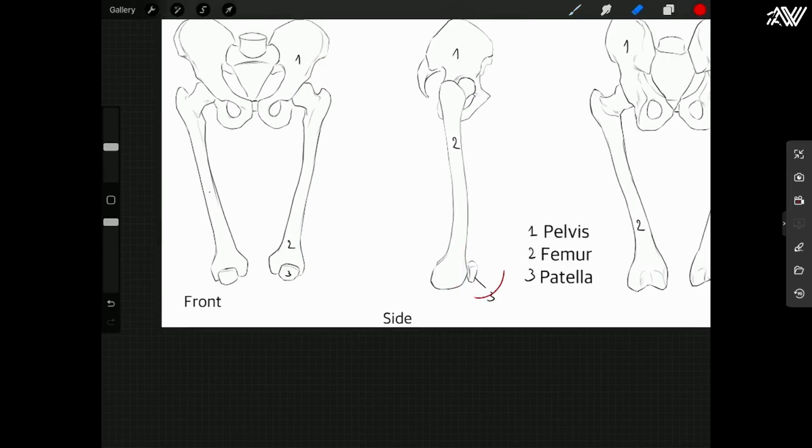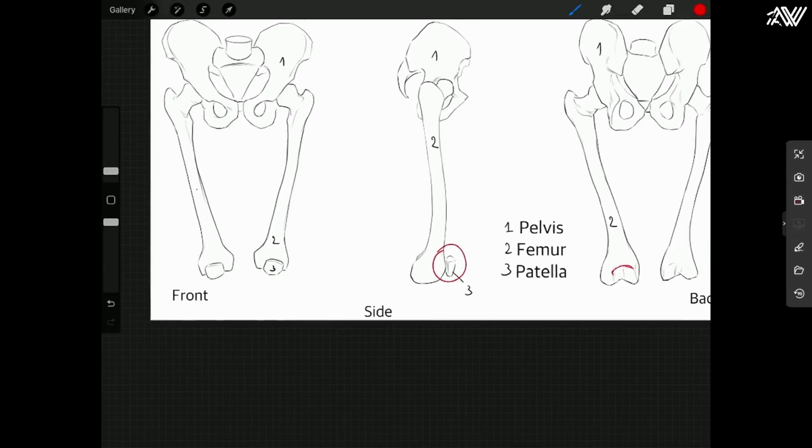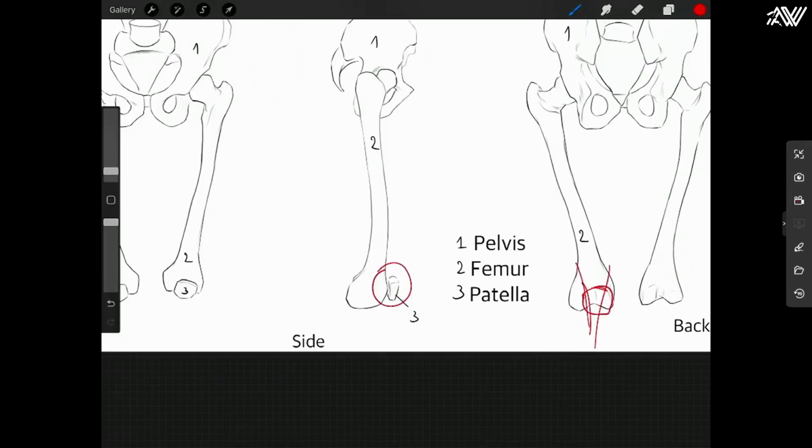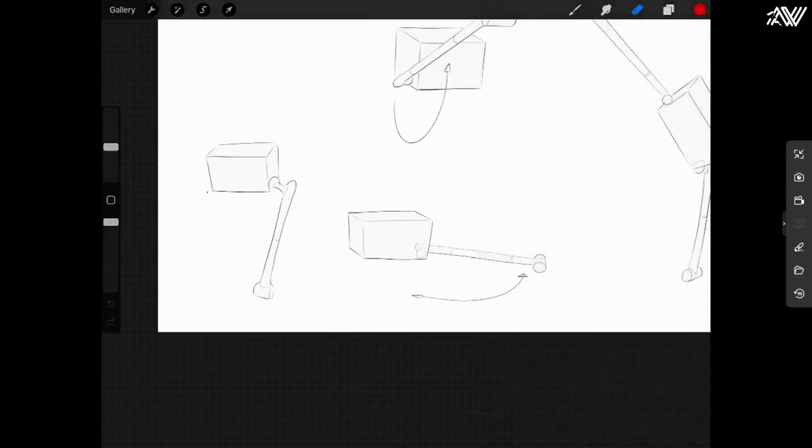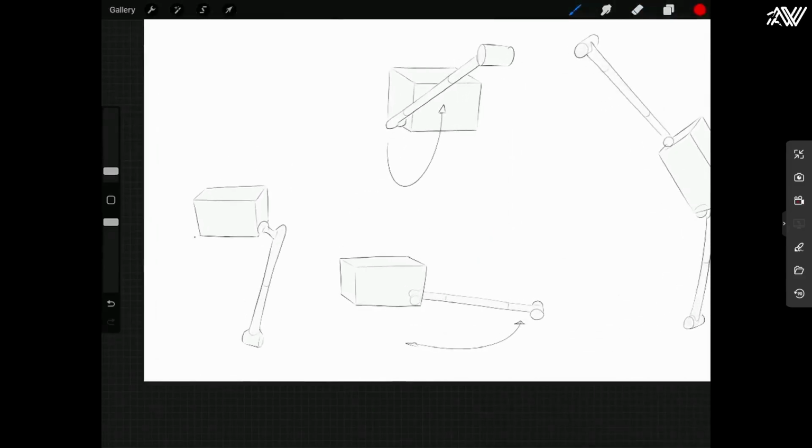But so that's the patella that sits on top of the femur, and it has this nice wedge where it can wedge into and where the tendons can run across, and that's the knee joint in itself.